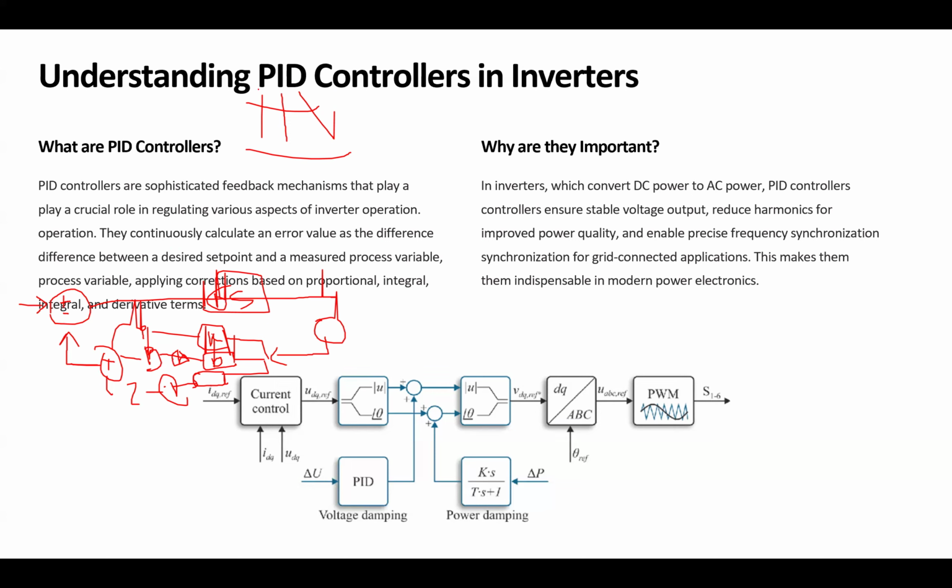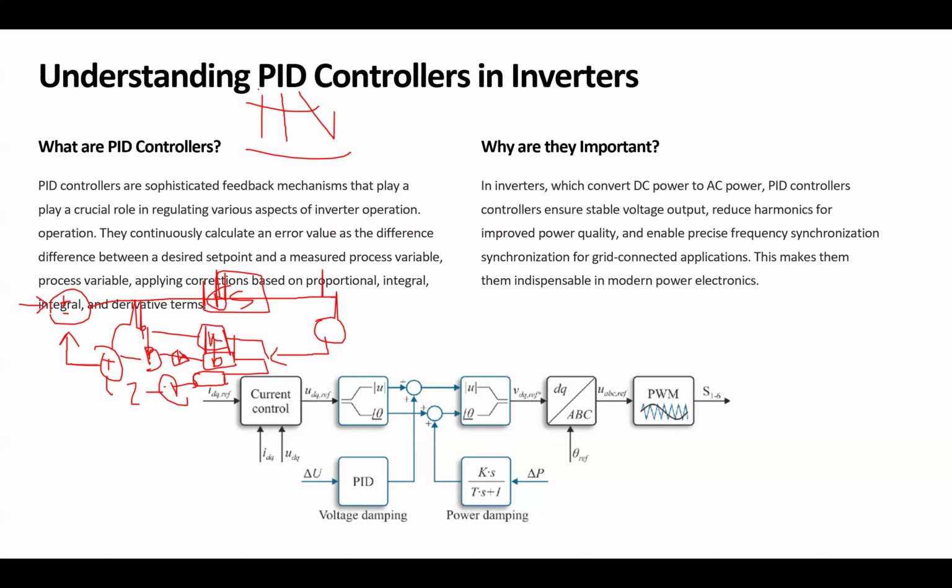A PID controller is a sophisticated feedback mechanism. It is simple, but it's a sophisticated feedback mechanism. What they do is they continuously calculate the error value as a difference between our desired set point and our measured set point.